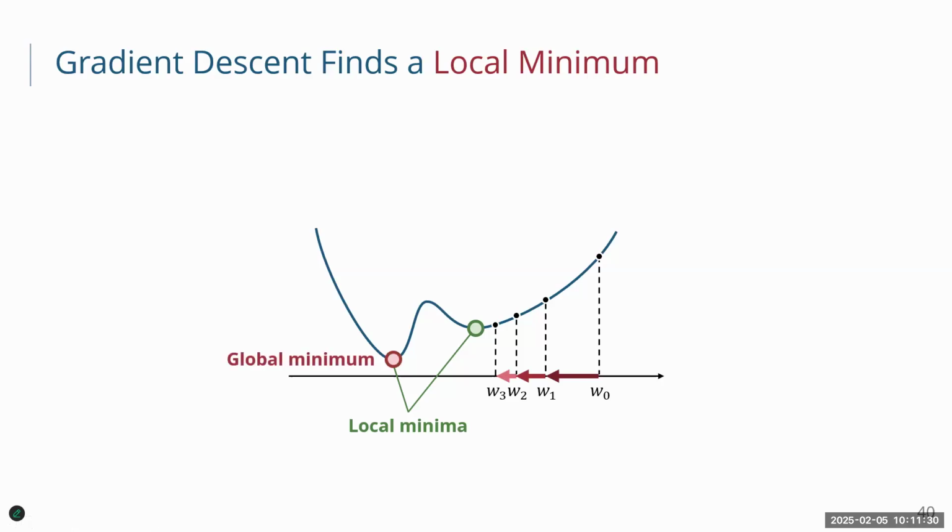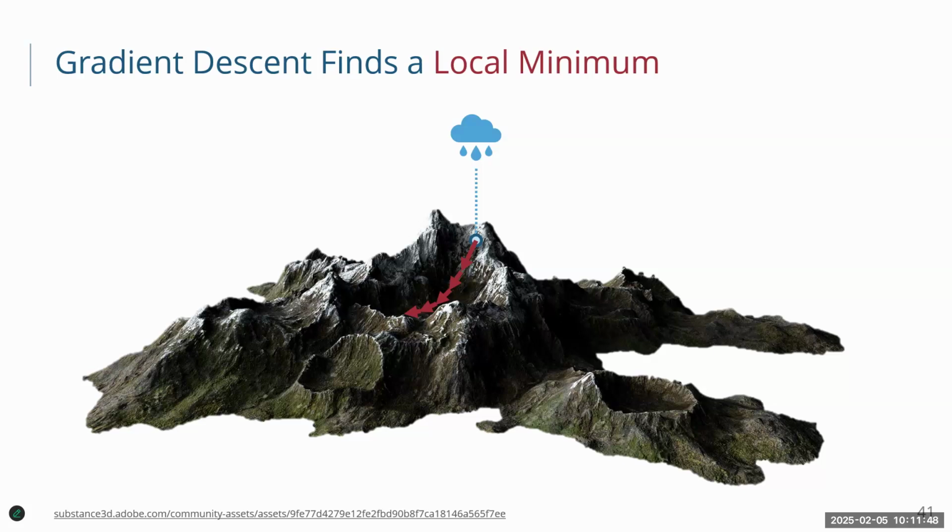But what we want is the one on the left, which is the global minimum. This is just the technical definition. A local minimum is everything that's locally optimized, and what we want is the global one. That's the minimum of all the local minima.